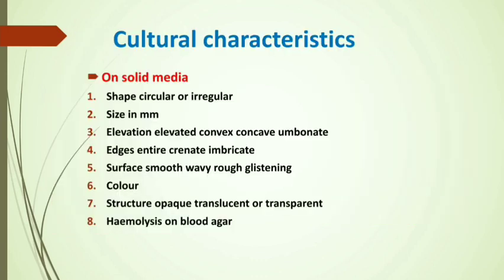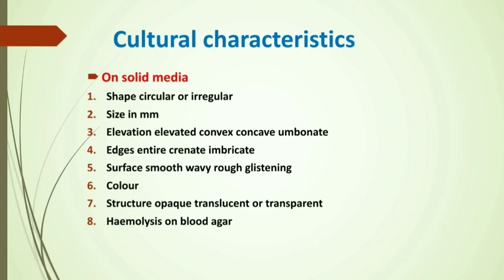Then we see the cultural characteristics. After a colony is formed in the culture media, we can see the shape of a colony, size of a colony, even the elevation, edge, color, and hemolysis on blood agar. In shape, it may be circular or irregular. Size is measured in mm.